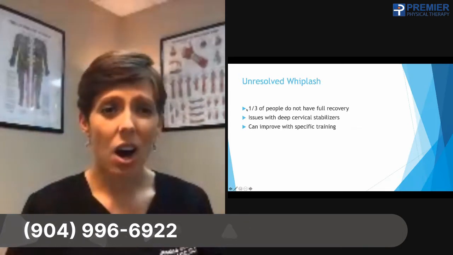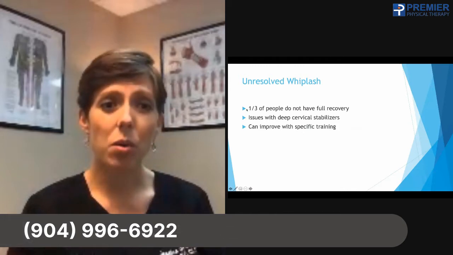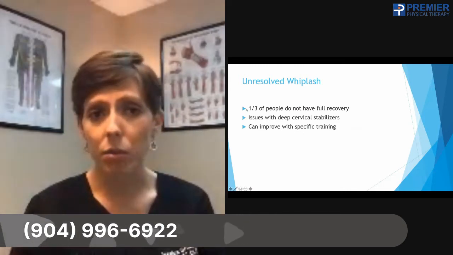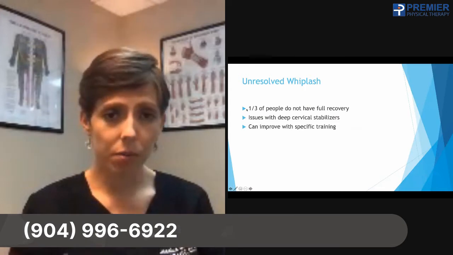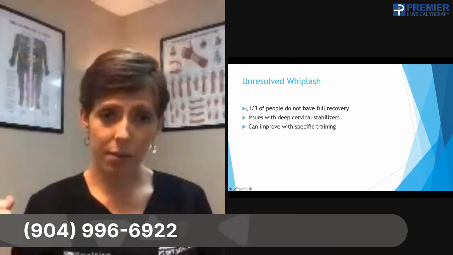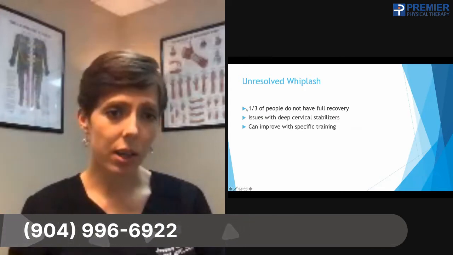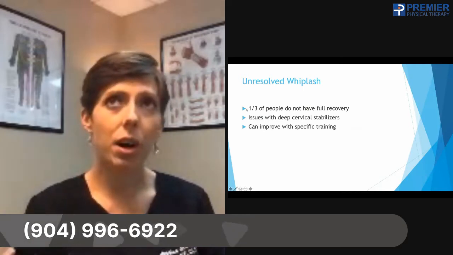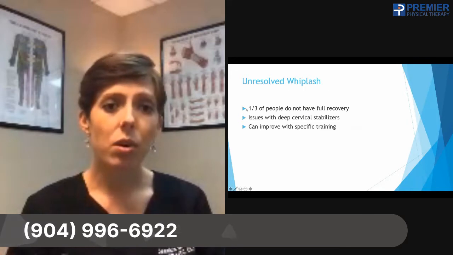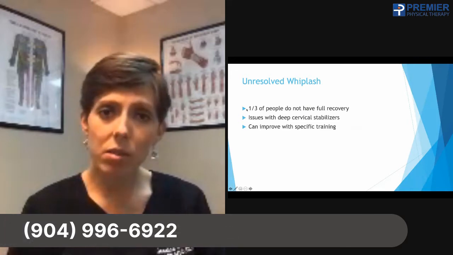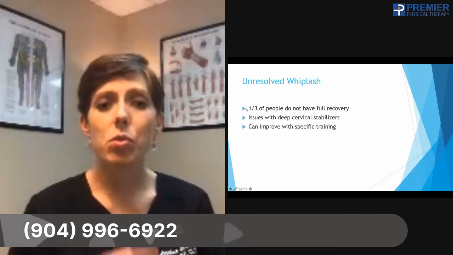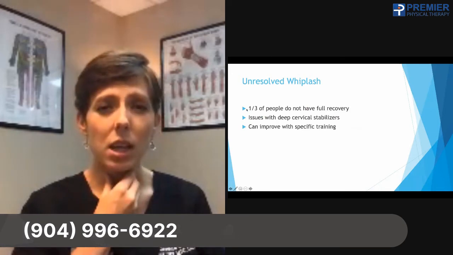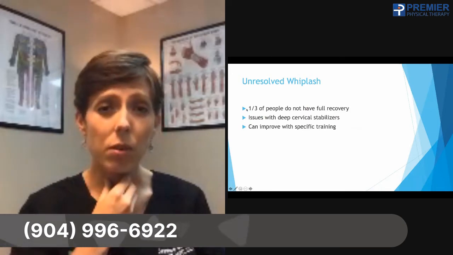All right. Unresolved whiplash. A third of people do not have a full recovery on their own. So meaning I was rear-ended, I did nothing about it, and about a third of the people will continue to have dysfunction afterwards. The types of dysfunction that can occur are issues with some of those muscles that we talked about in the beginning in the front of the neck, the deep cervical stabilizers.